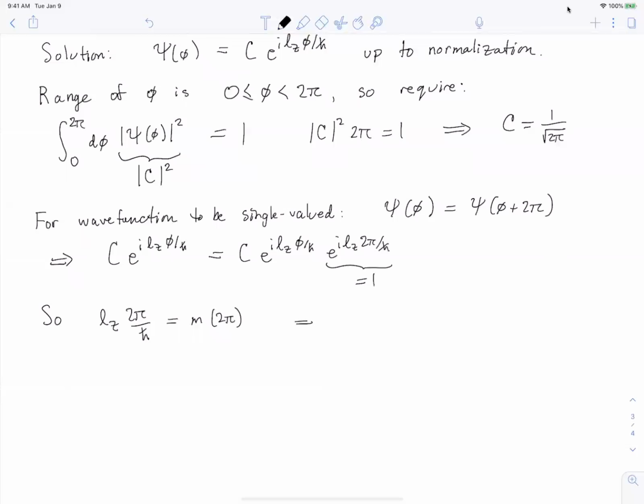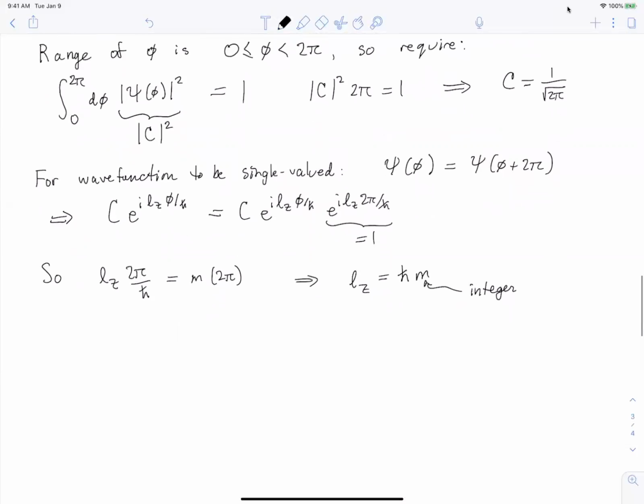Okay, which tells us that L sub z, our eigenvalue, must be h bar times an integer. Okay, so in both cases, this is m as an integer. And it's traditionally called m. The original reason for calling it m is because it's the magnetic quantum number.